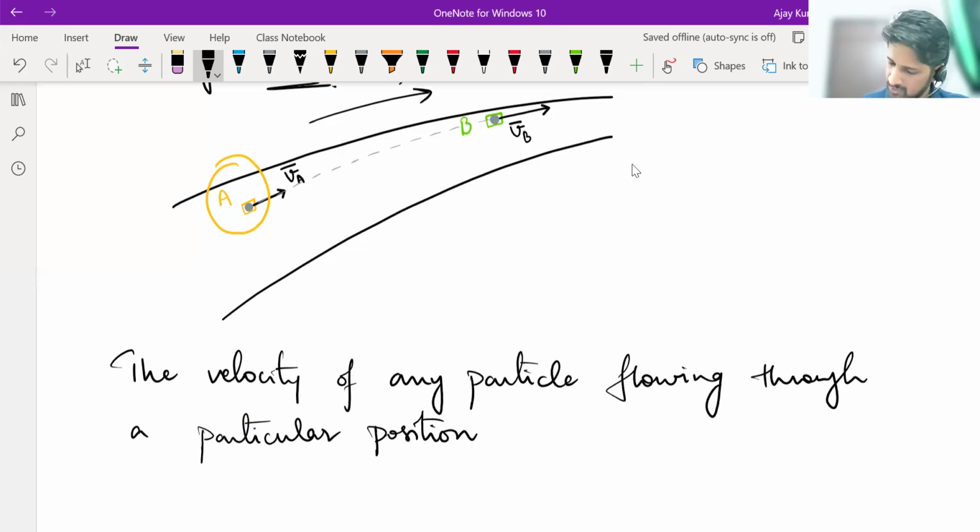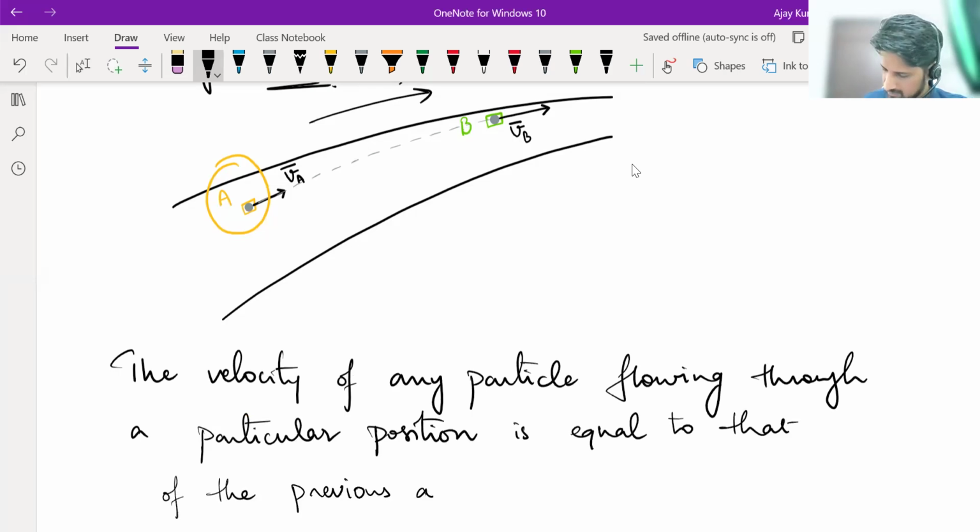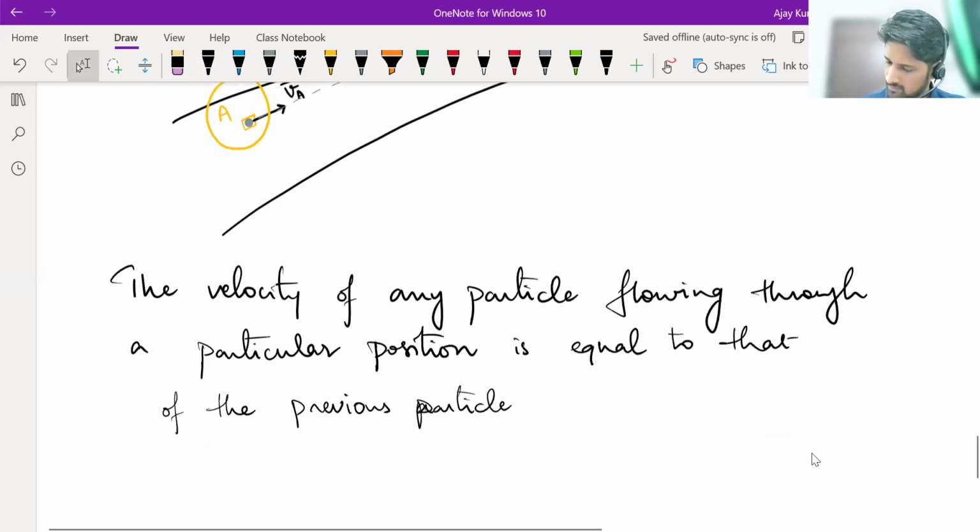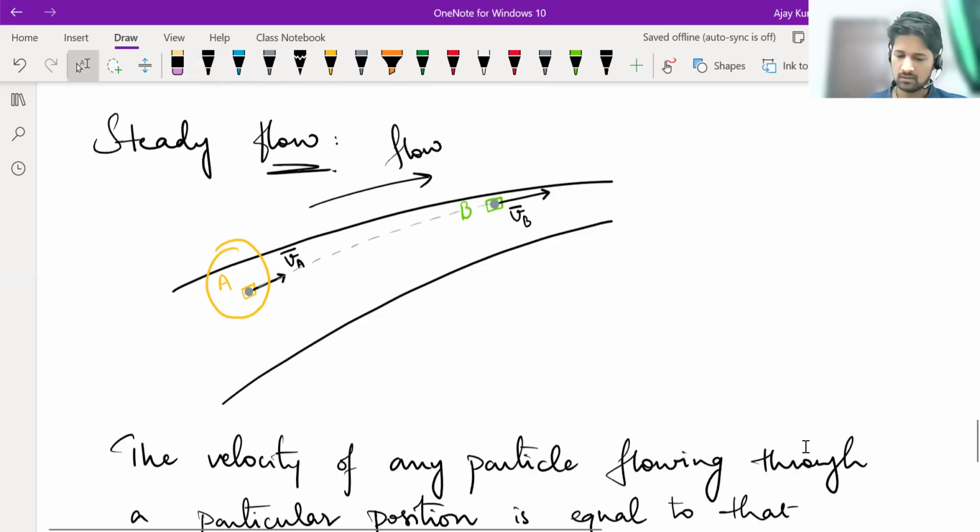The velocity of any particle flowing through a particular position is equal to that of the previous particle at that position. Okay, so let's call this particle X if you want. X will go ahead at the next moment.